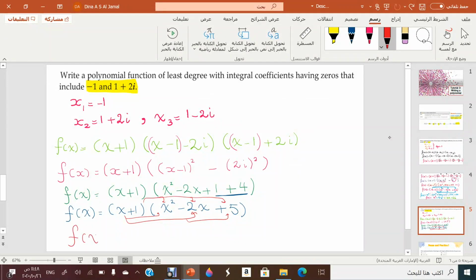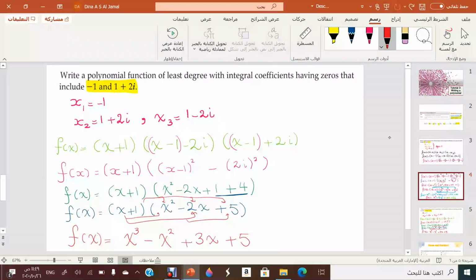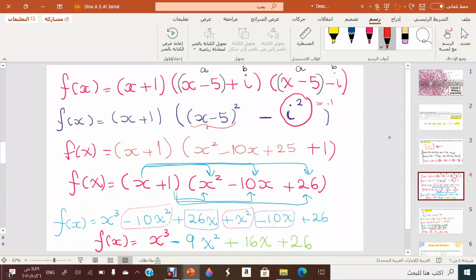The final answer will be x to the power of 3 minus x squared plus 3x plus 5. So this is the final answer after distributing. If you would like to review how we did it, please refer to the previous question.